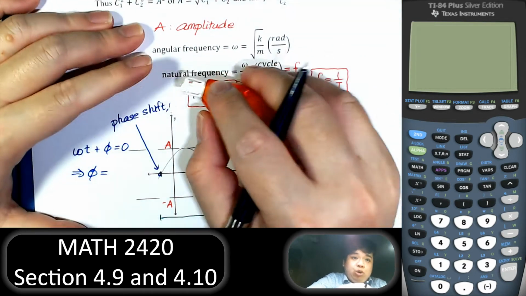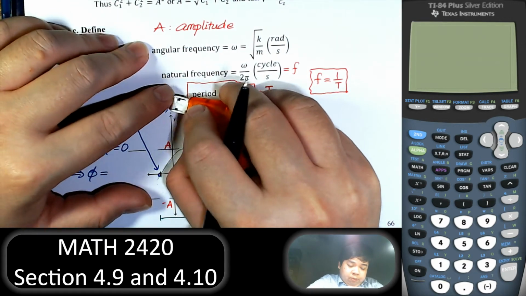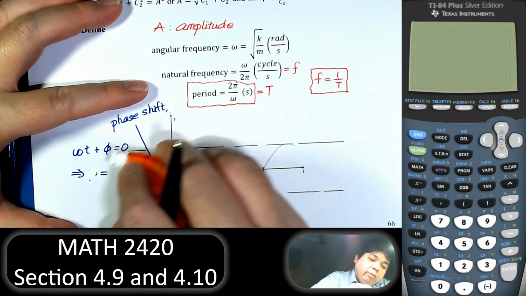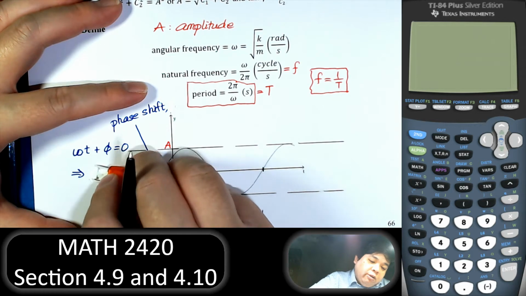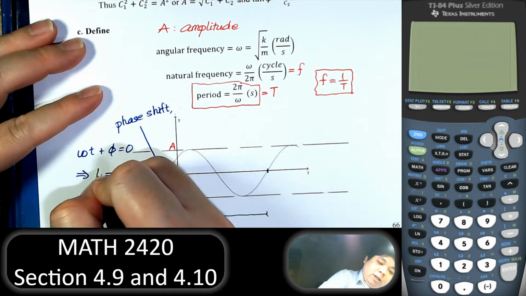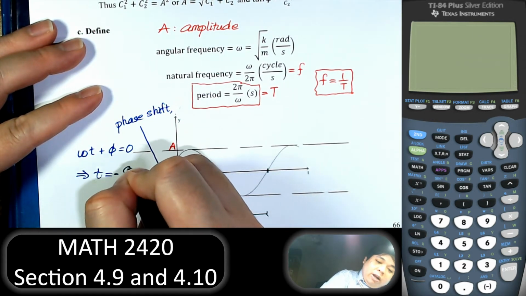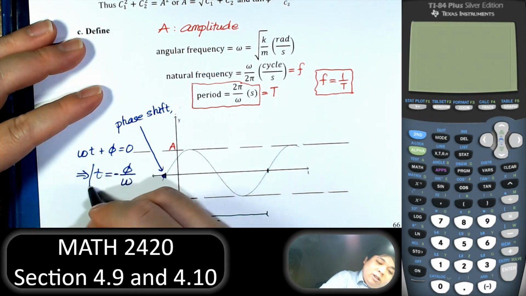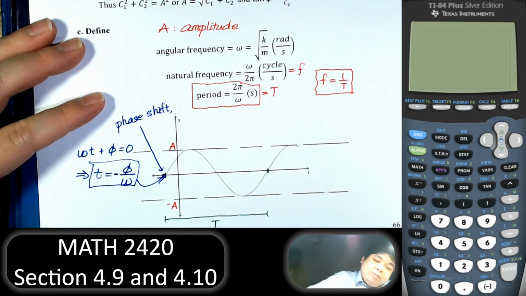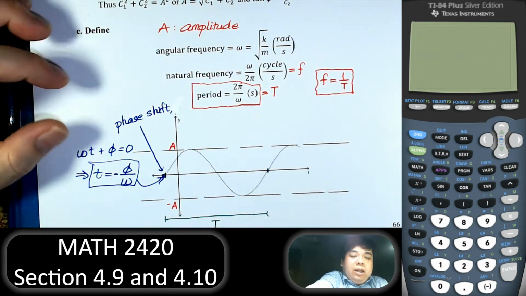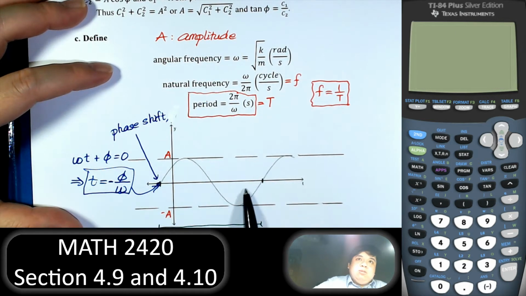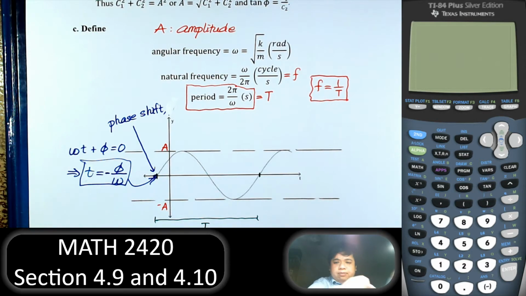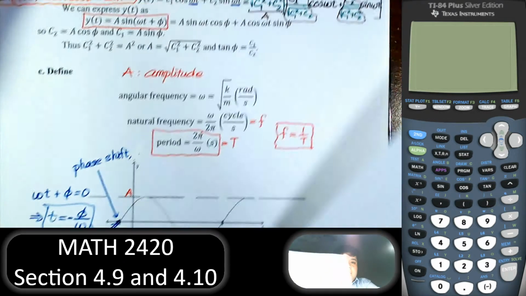The phase shift is a result from phi, but the phase shift is going to be negative phi over omega. So this is where it starts. That is the phase shift. And then the sine function, of course, is a wavy line. So that's what we have from that equation. Right. Let's look at one example and see how that works.